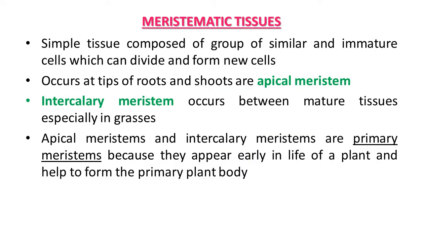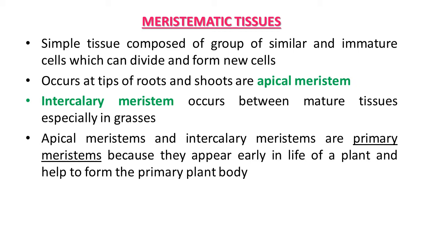Meristematic tissues. These are simple tissues composed of groups of similar and immature cells which can divide and form new cells. So they are responsible for initial growth and development in plants. They are organized into groups of cells and have the ability of continuous cell division.